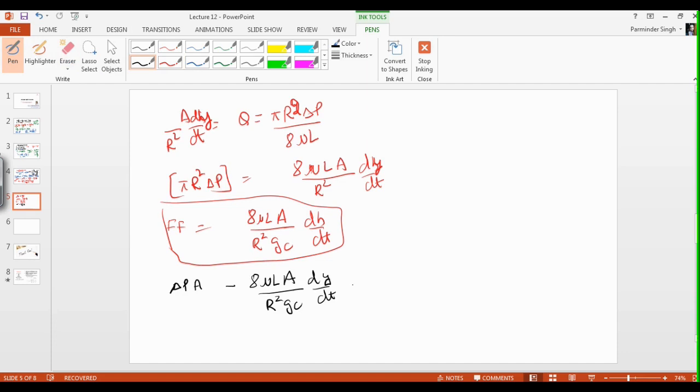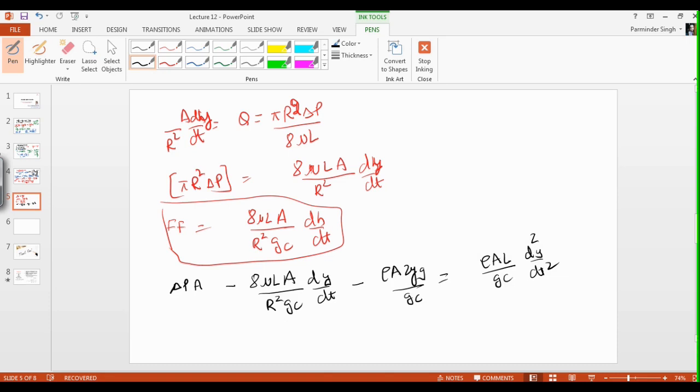Clear? The next term, because of the head, is rho A into 2y g by gc, and on the other side it was rho A L by gc into d square y by dt square. Clear?